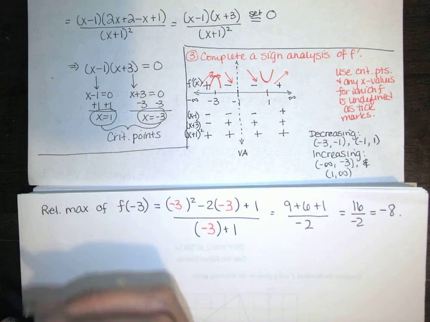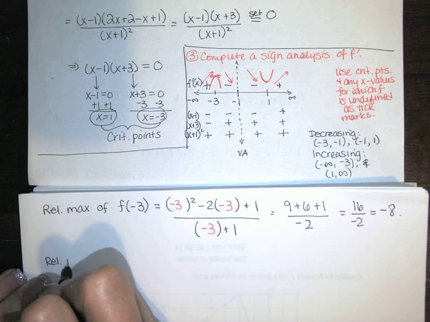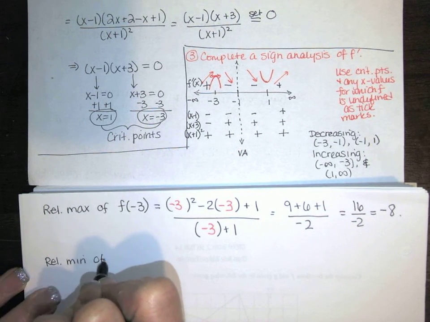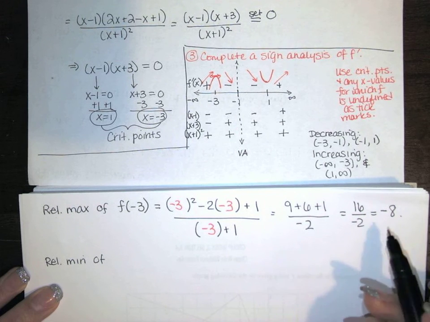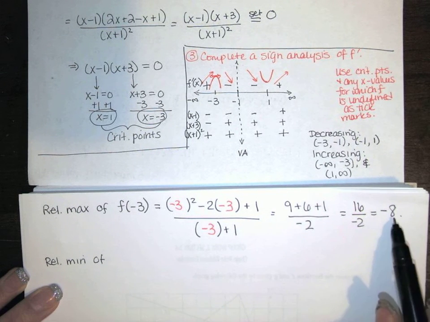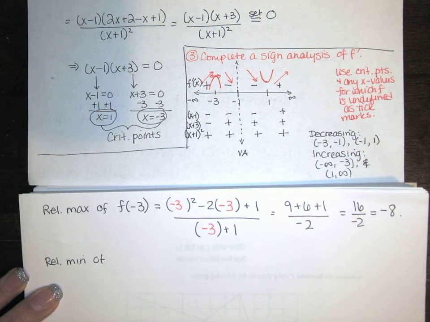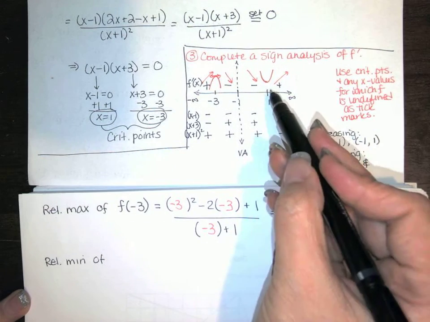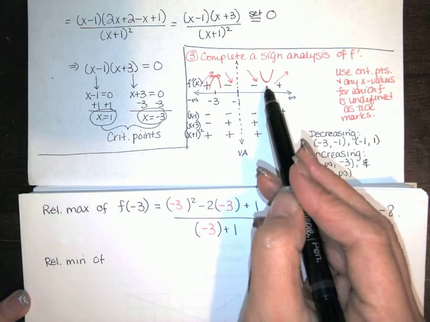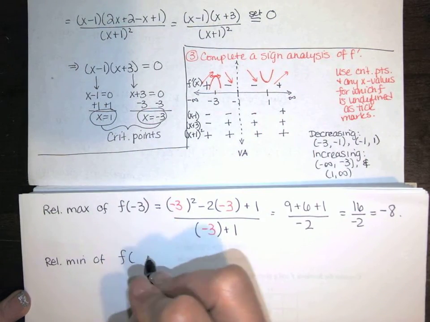Okay, and we get a relative min, so we have a relative max of -8, and it occurs at x equals -3. We have a relative min, and the relative min is the y value. It's f of 1.